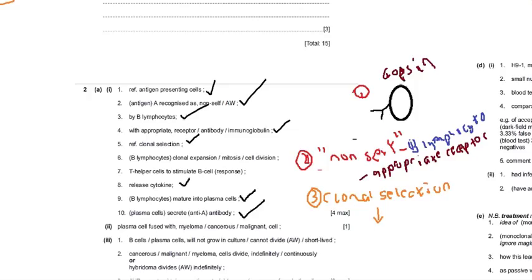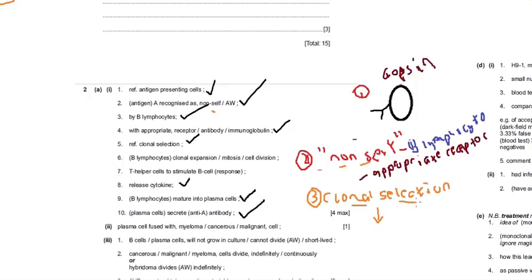Now you should understand that in the body we have a lot of B cells. When an antigen comes in, the first thing is that it should be identified as non-self. Then there should be clonal selection.